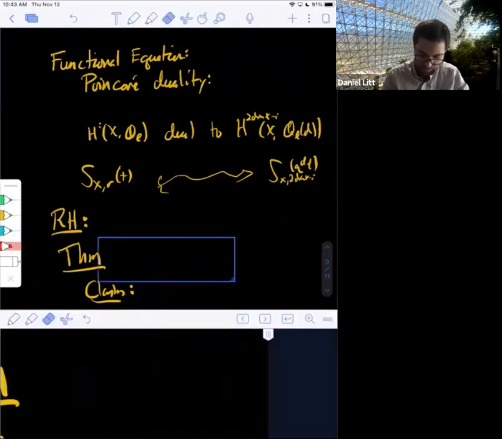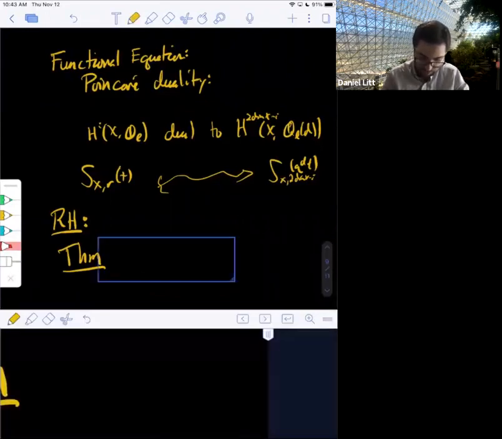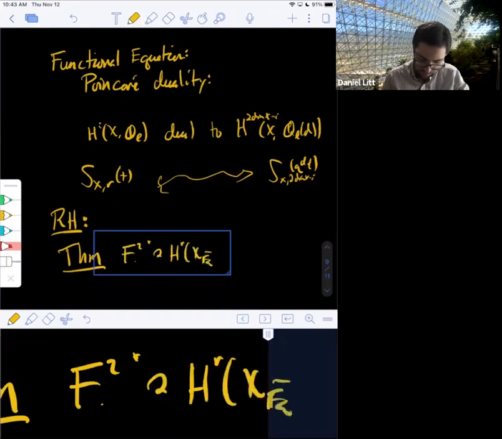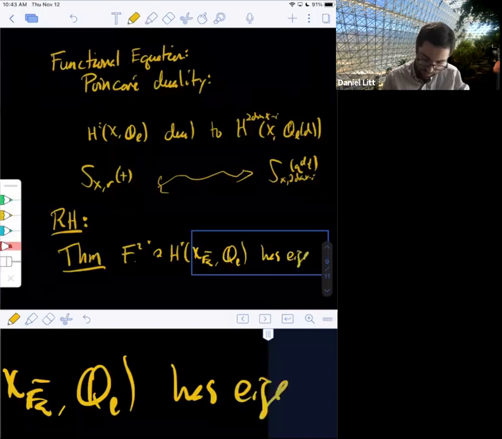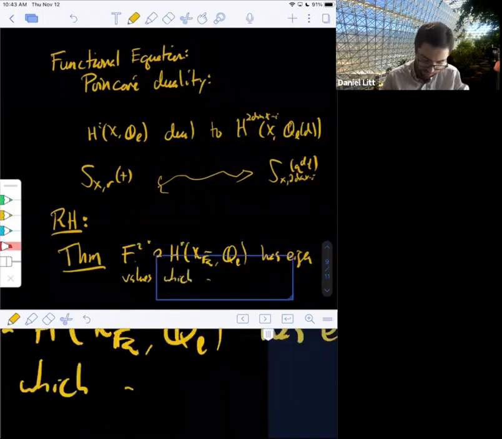Let me just write a rigorous statement. The theorem that we want to prove is that the Frobenius action on H^r(X_{F_q bar}, Q_l) has eigenvalues which are algebraic numbers.